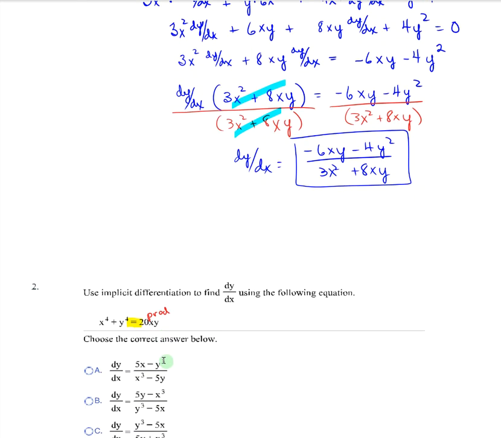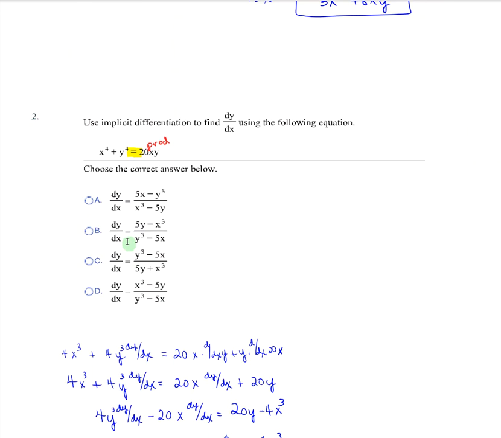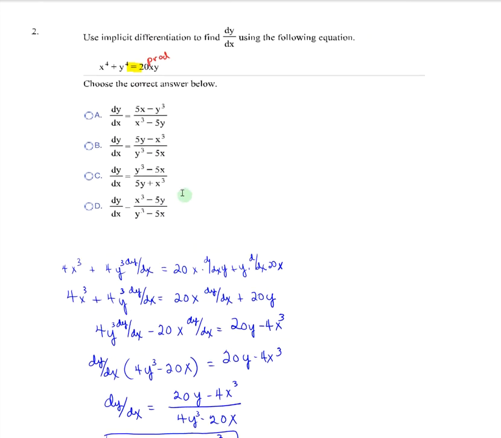All right, let's look at number 2. You have a multiple choice, but again, with those, I would say let's do our work and then try to match the answer. So we have x to the 4th plus y to the 4th equals 20xy. Remembering this is a product. So on the left side, we take the derivative of both of those pieces.